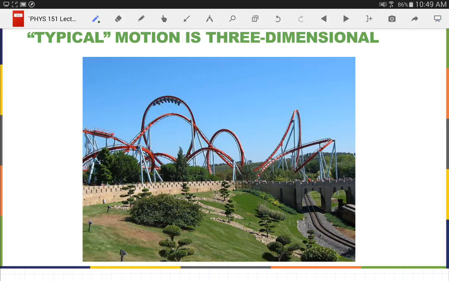Or we might say up and down, north and south, east and west. That would be another set of perpendicular directions. Up and down is common to both of them. And when I talk about forward, backward, left, and right, it doesn't matter what direction I'm facing, they're still going to work. Whereas north, south, east, west do change as you move along the globe.